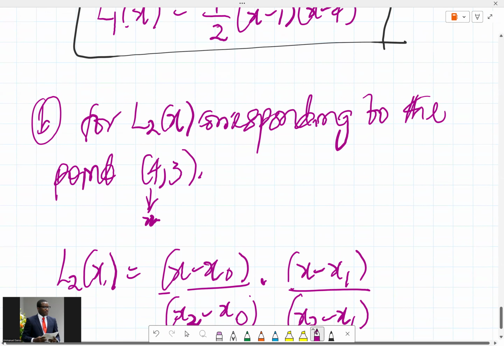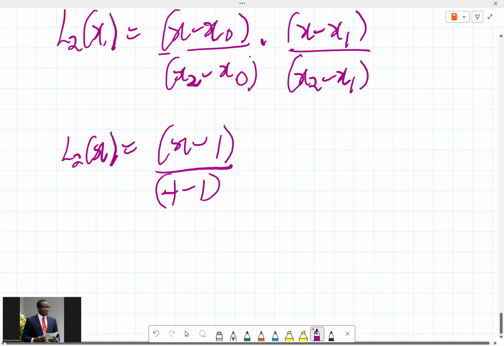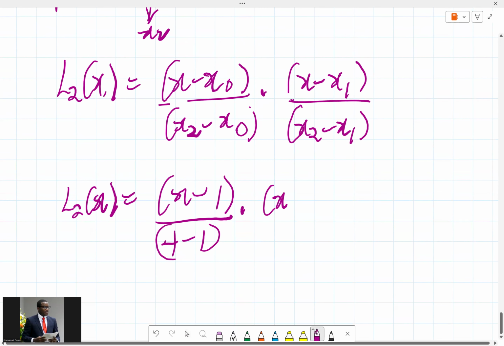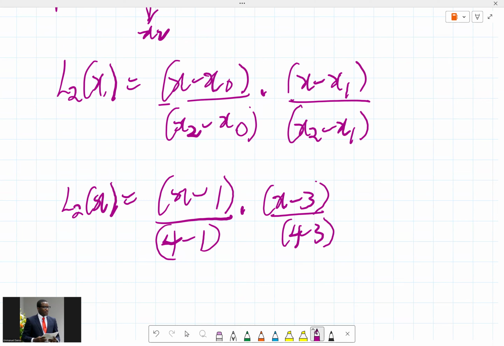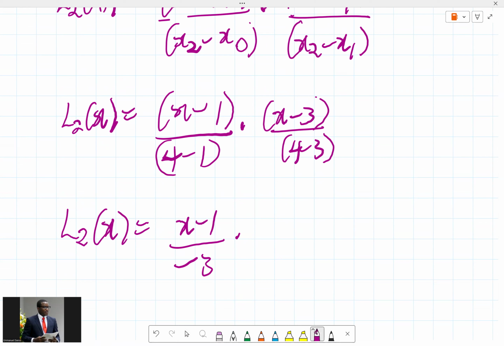So that's 4 minus 1, then multiplied by x minus x1. So x1 is 3 divided by 4 minus 3 now. So we have L2 of x to be equal to x minus 1 all over minus 3 times x minus 3 all over 1.